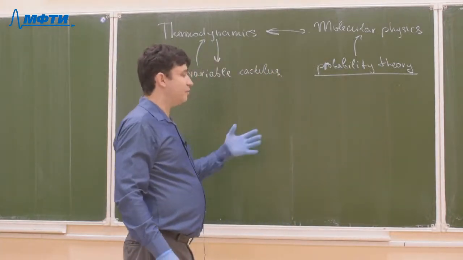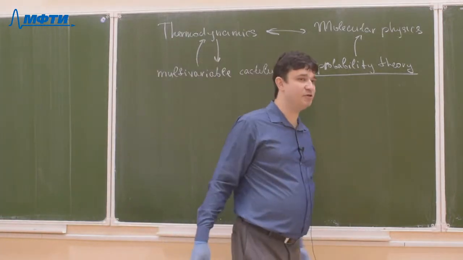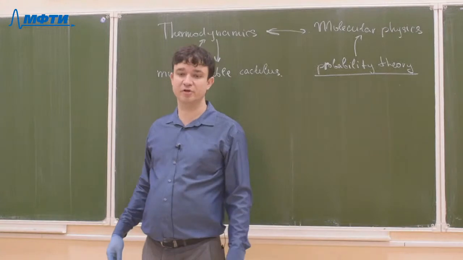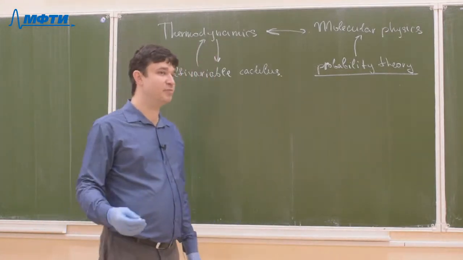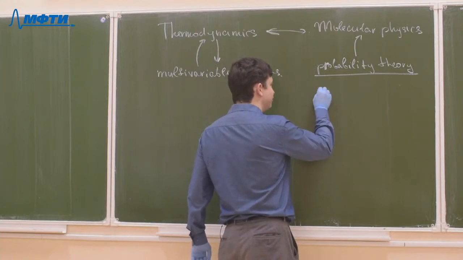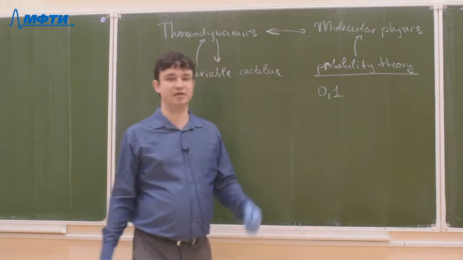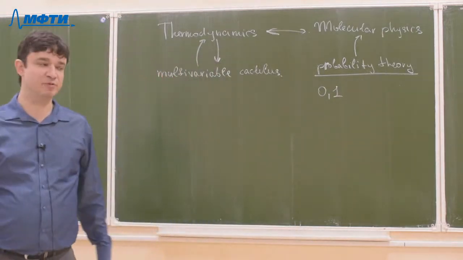Probability theory starts when we consider some kind of a system in which we have some chaotic unknown results. For example, when you flip a coin, you can have one of two different results, which you can denote as 0 and 1, depending on the side onto which the coin flips.